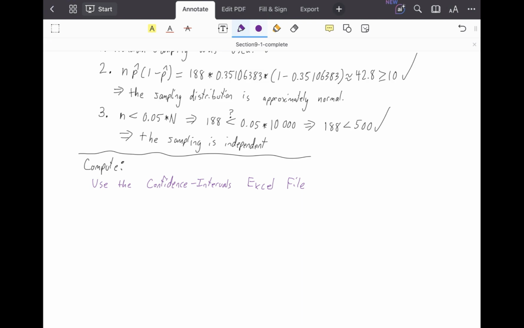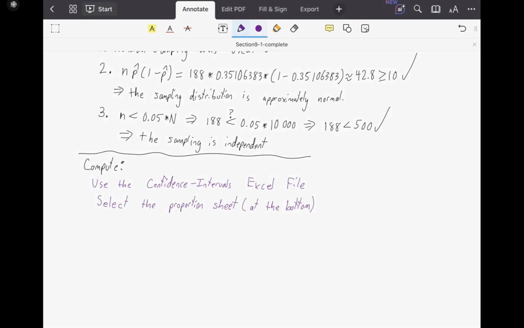I will likely abbreviate that CI in the future, just so you know. And then we're going to select the proportion sheet. And I'll say this a lot in the last third of this class, let the Excel file guide you.